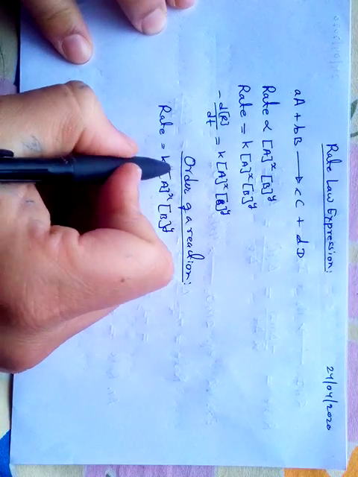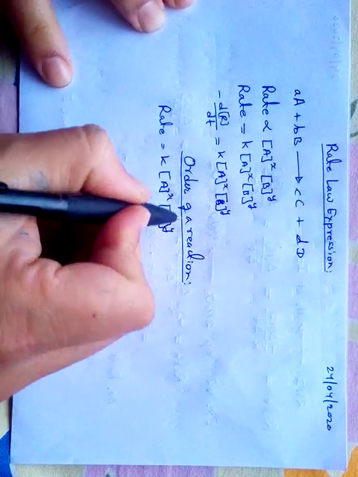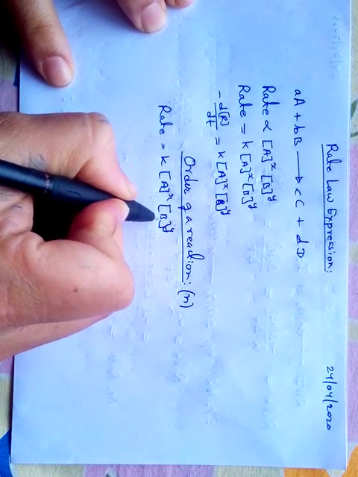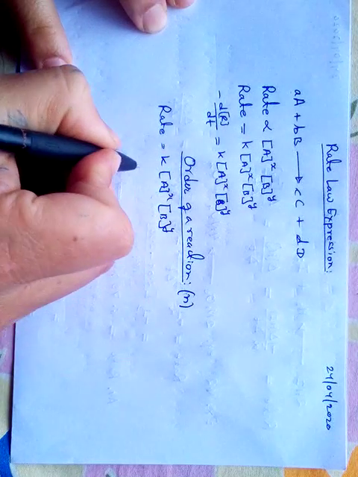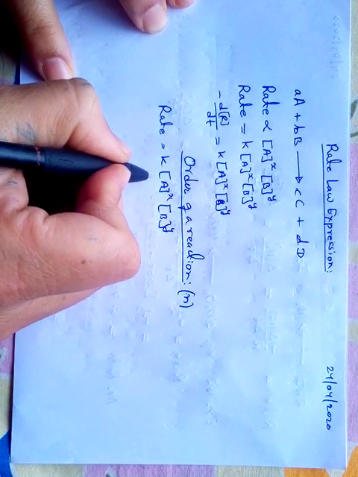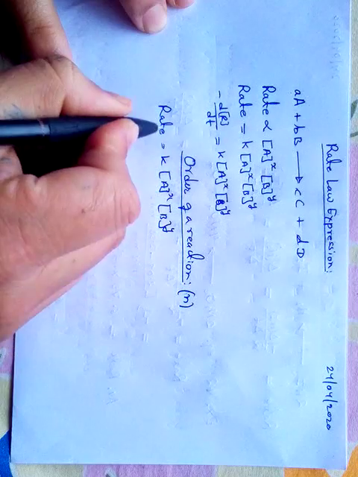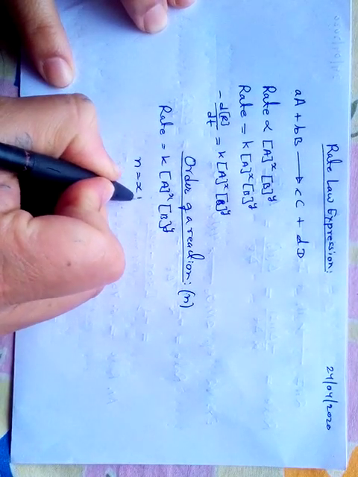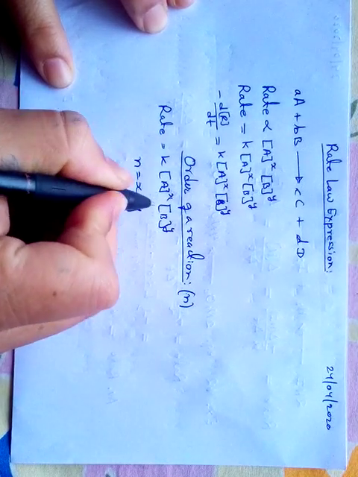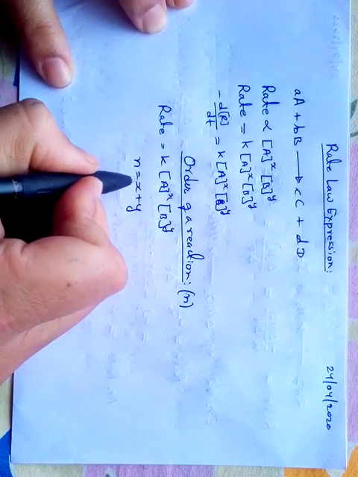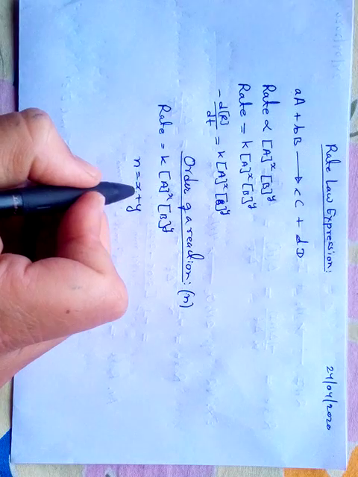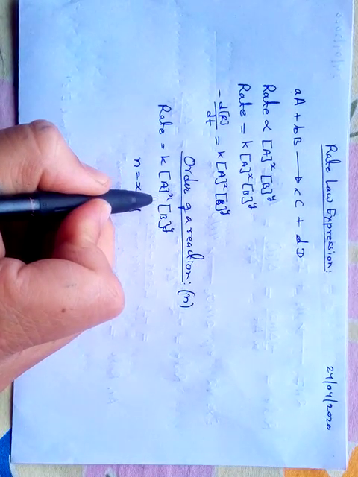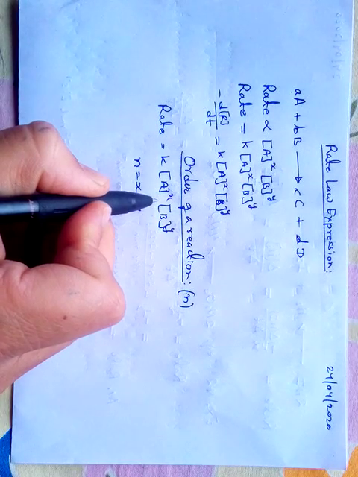The next topic is the order of the reaction. What is the order of the reaction? The letter is small n. Looking at this rate law expression, the order of the reaction is the sum of the powers of the concentrations of the reactants in the rate law expression.